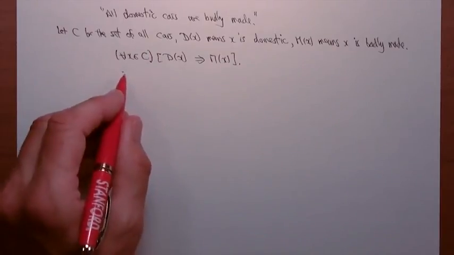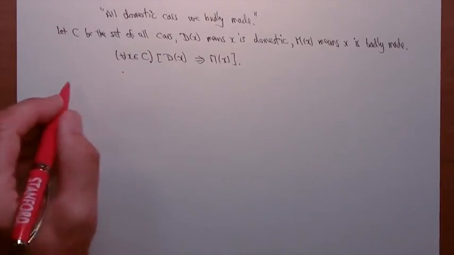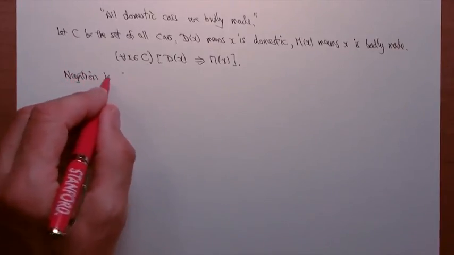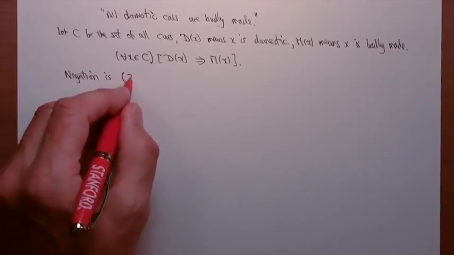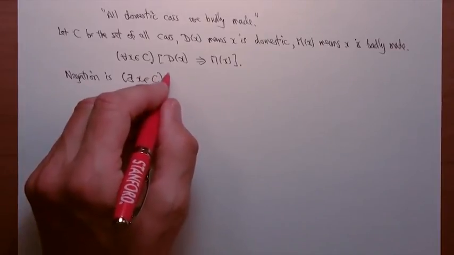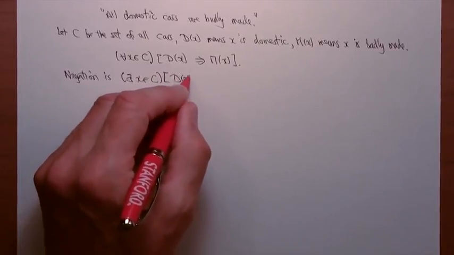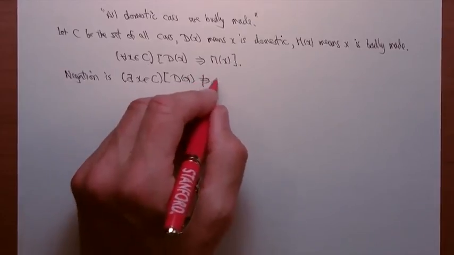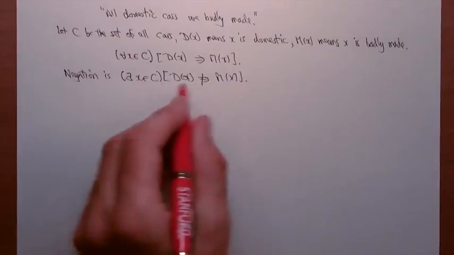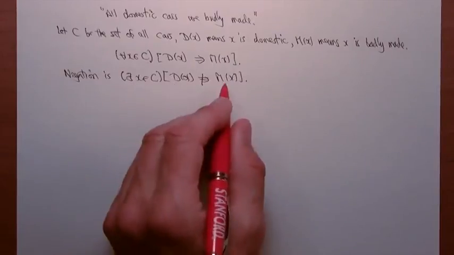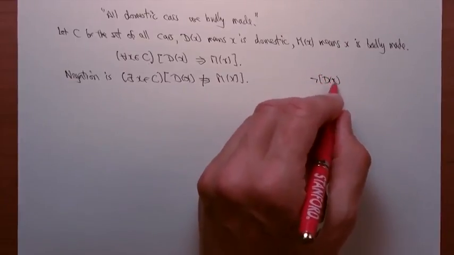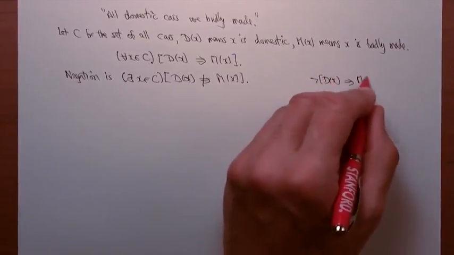Well, we've already seen what happens when you negate a universal quantifier. The negation becomes, there exists an x in C such that D of x does not imply M of x. And here I've actually abbreviated the following: not the case D of x implies M of x.